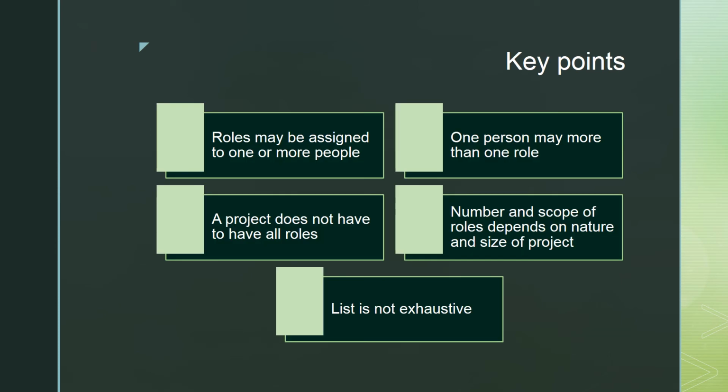And then you have our summary here. What we need to remember about the key roles. The first thing is roles may be assigned to more than one person. So you can have roles assigned to one person or to two people, depending on the scope of the role. Conversely, one person may have more than one role.